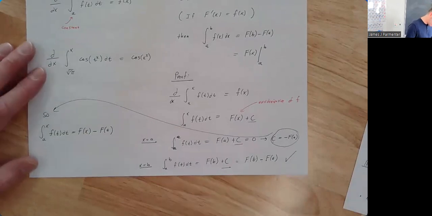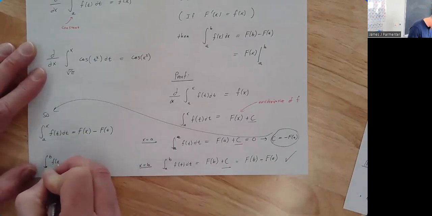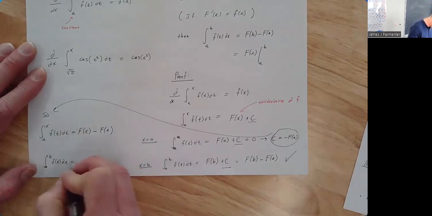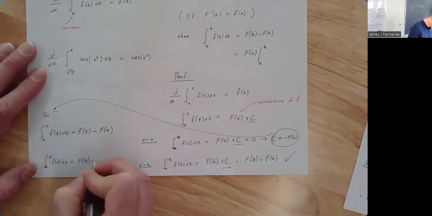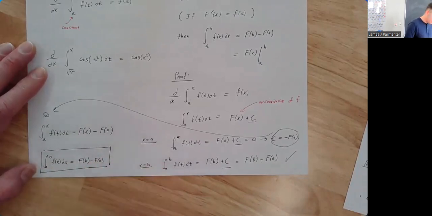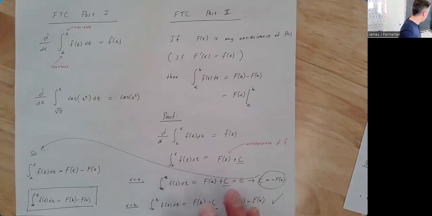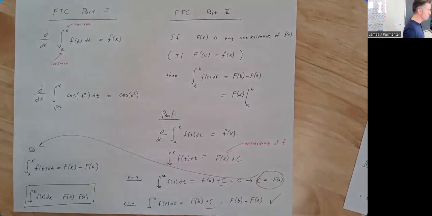So we go back and say, the integral from a to b of f of x dx is equal to F of b minus F of a. And that is the fundamental theorem of calculus part 2. It's also called the evaluation theorem. It is the part we are going to use a lot when we do more stuff.